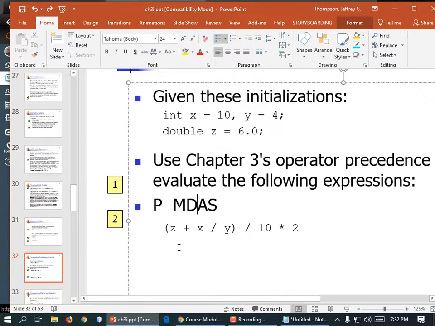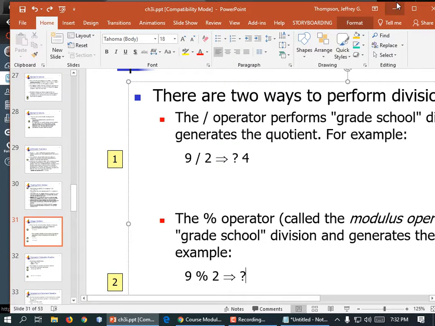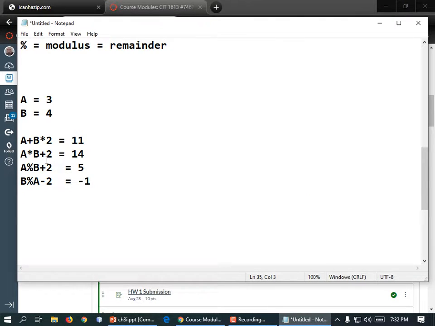And if we'd use parentheses in any of those, I know you know how to do parentheses. If I put parentheses there, you would just do that part first.